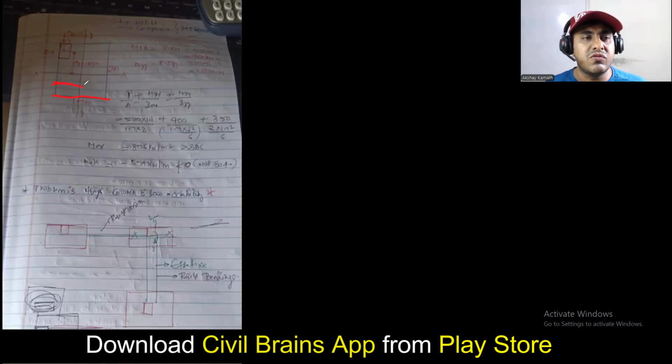If this is 0.85 and this is 0.3, half of this is 0.15. 0.85 minus 0.15 is 0.7. So that is why this distance from the center to this will be 0.7, and that is why we have taken 0.7 for the calculation. Understood?